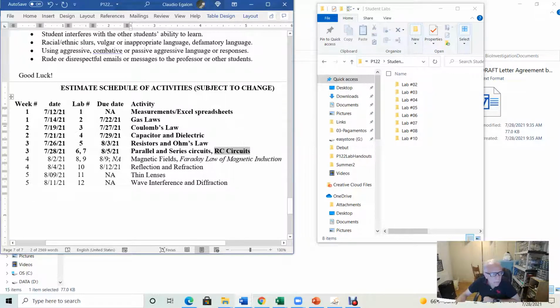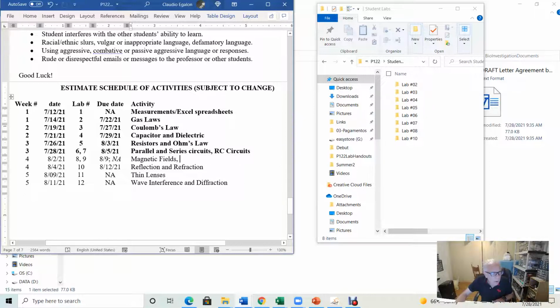Hopefully we have time to do RC and magnetic fields together. Maybe what we should do, the lab Faraday law, all those ones that do not need a lab report, we do at the end.